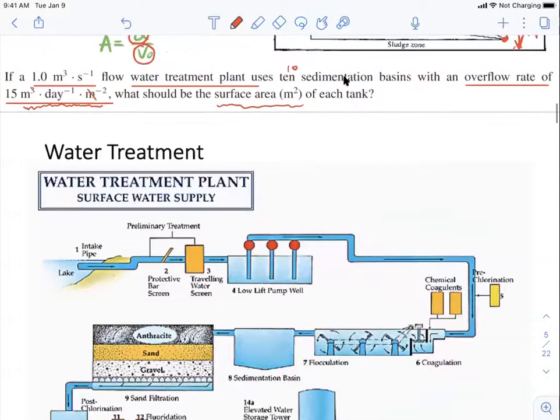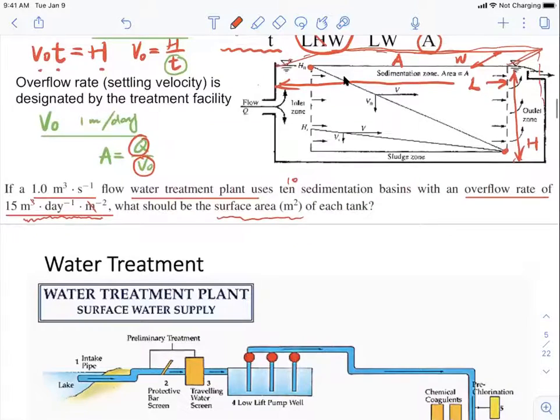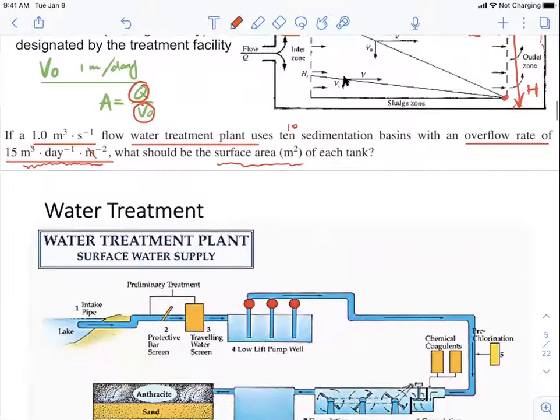If you know the relationship between the overflow rate and the design parameters for this water treatment plant, then you should know that the area should just be equal to Q divided by V0, the flow rate divided by the overflow rate. So that's going to be 1 meter cubed per second divided by 15 meters per day.